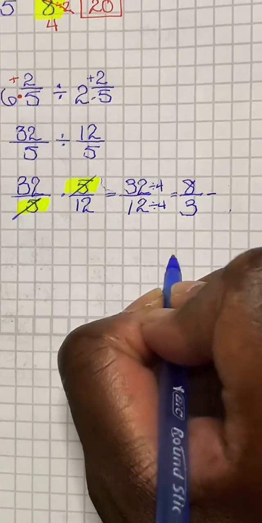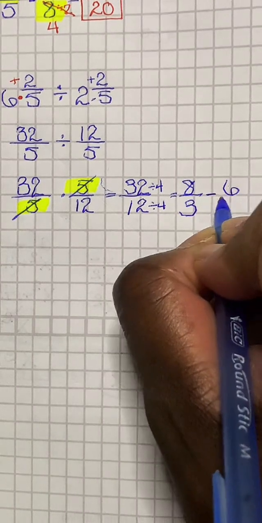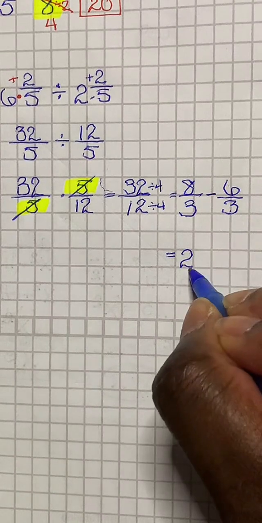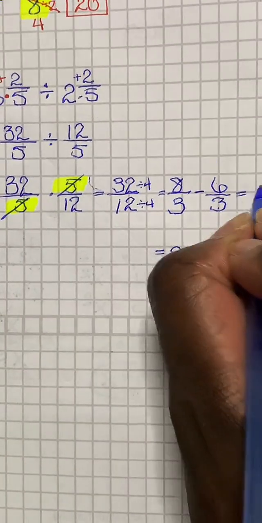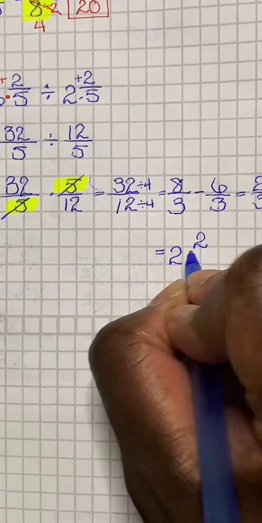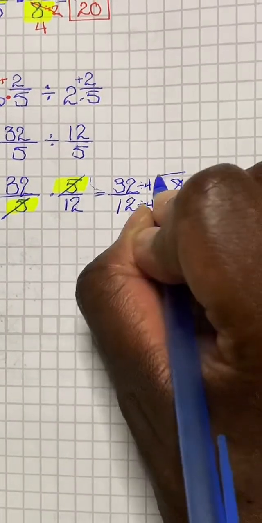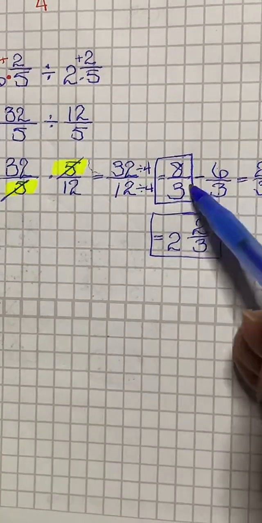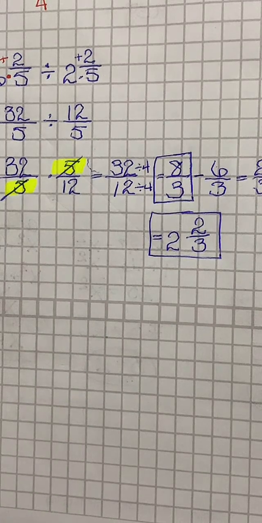So why don't I take out 2? That's going to be 6 over 3, because 6 divided by 3 gives me 2. Now I've got 2/3 remaining. So it'll be 2 and 2/3. So either this is my answer or the 8/3 is my answer. Okay, improper or mixed number.